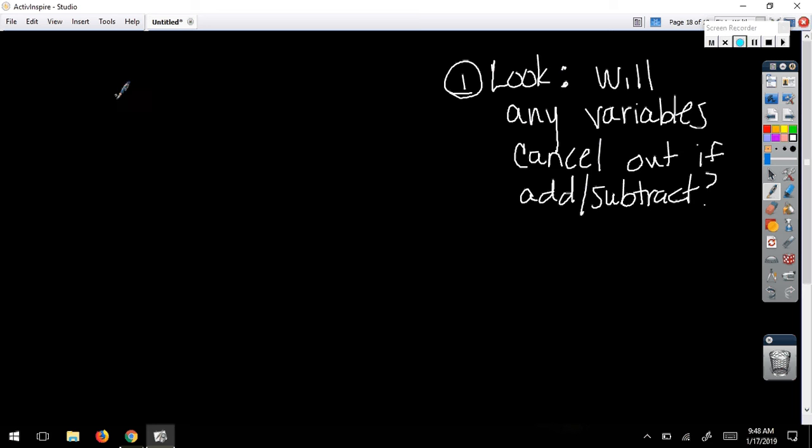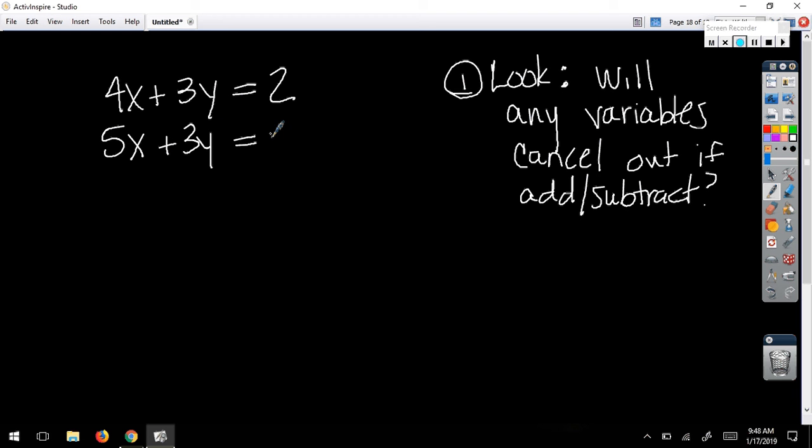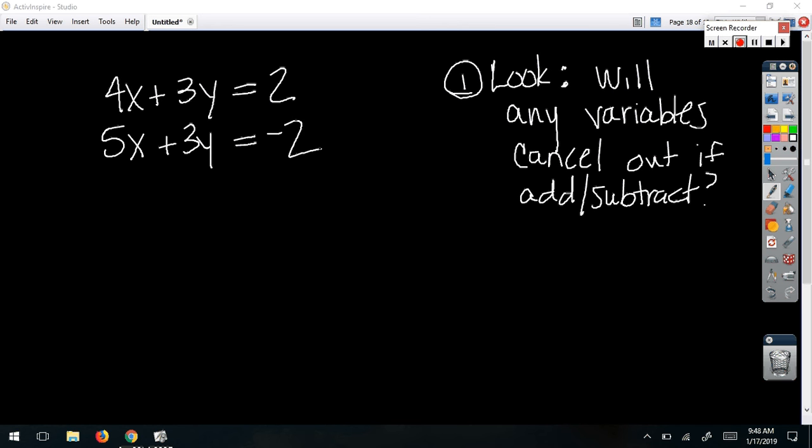I'm going to put a little example here so we can answer these questions as we go, with the example on the side. I'll give you a second to catch up with me. Two equations. If I'm talking about adding or subtracting, do any of the variables have the same coefficient? That's essentially what I'm looking for.